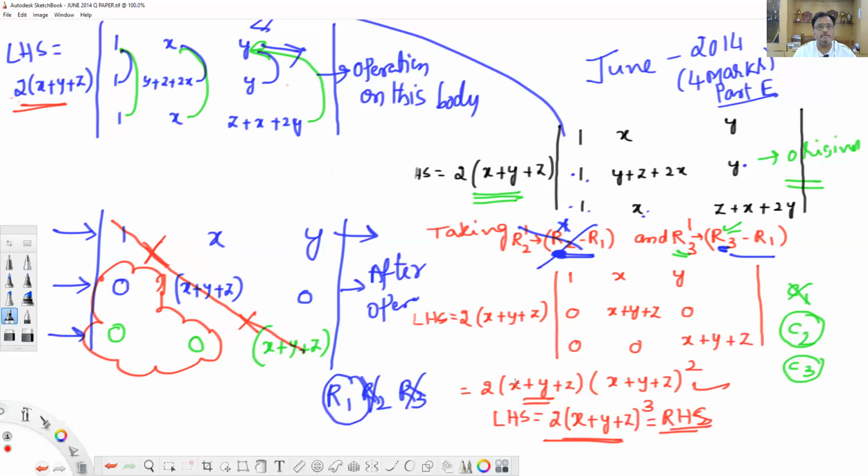Dear students, be cautious, and definitely in the revision, in the classrooms, you can understand. These are important. See, doing R2 minus R1 is not a big thing. Why do we have to do R2 minus R1? What is the benefit if I do that?